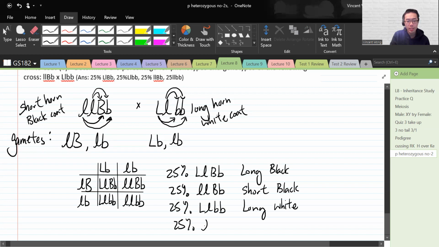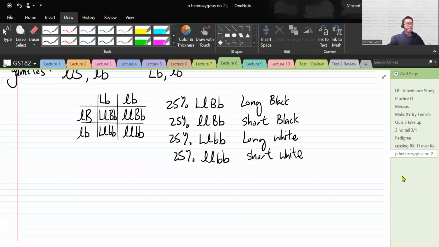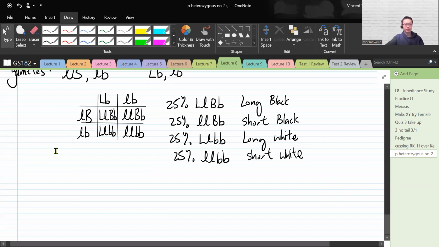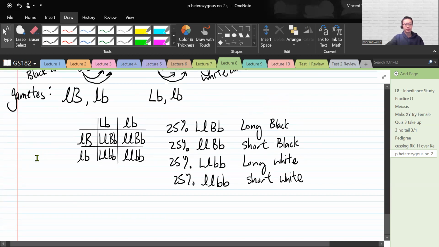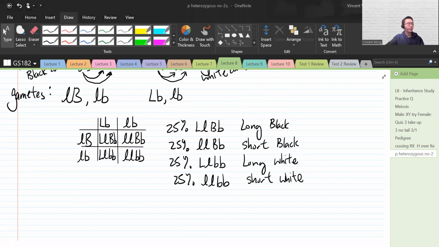And 25% that, which would be short and white. Okay, that's it. So that is that.